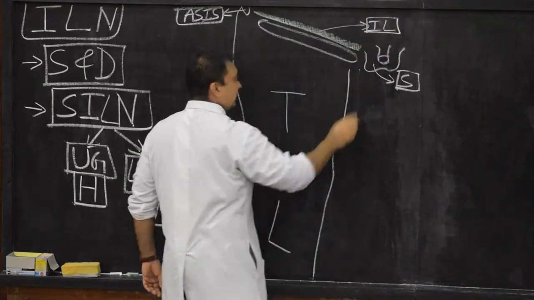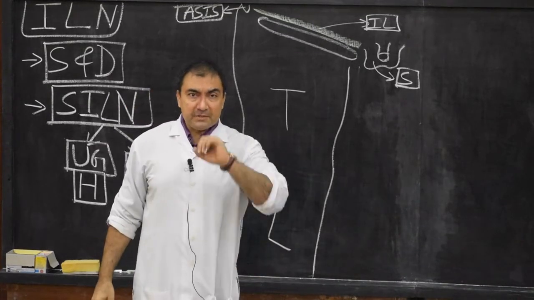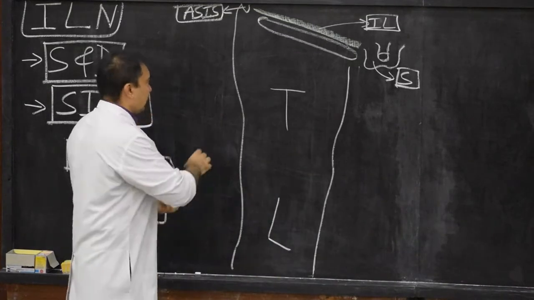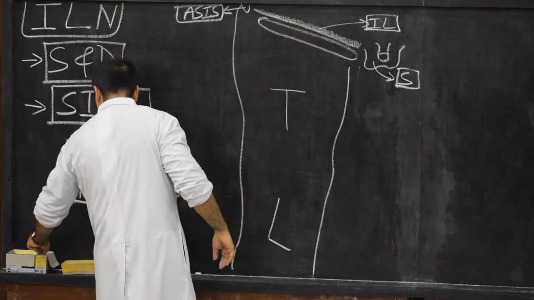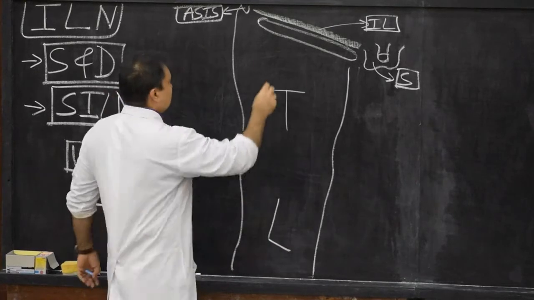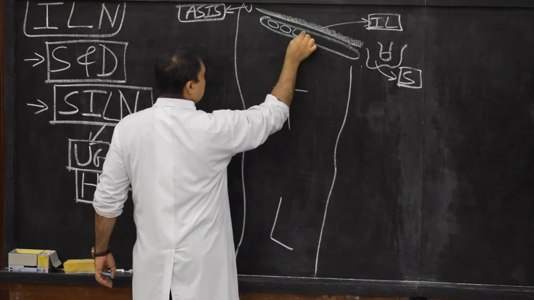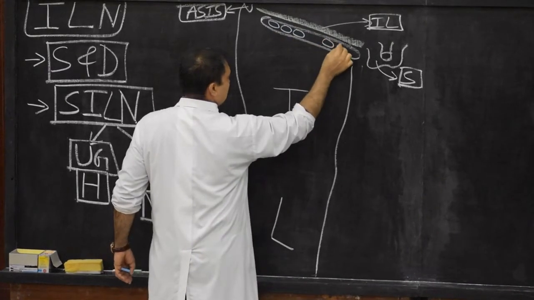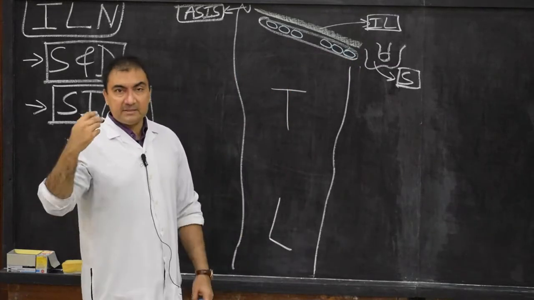Now the actual location of the upper group of superficial inguinal lymph nodes is just below the inguinal ligament, and those lymph nodes I will draw in blue color. They are arranged in the form of a lateral group and a medial group.